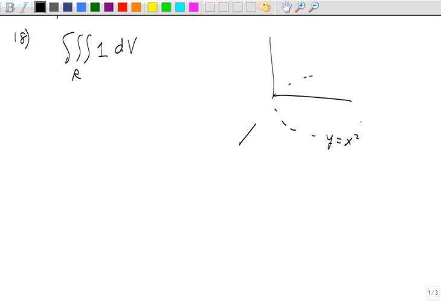Okay. I want the volume, so this time I'm going to integrate over the region 1. And my region here looks like that. That's y equals x squared, z equals 0, z equals 4. So this is going to go up to 4, and this is 9, because it's bounded by y equals 9.